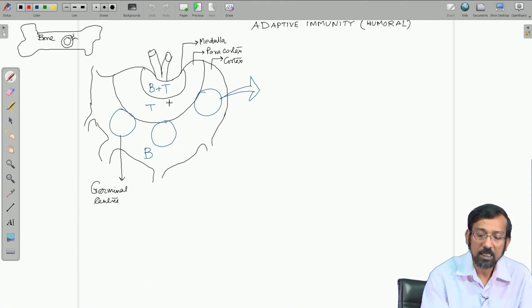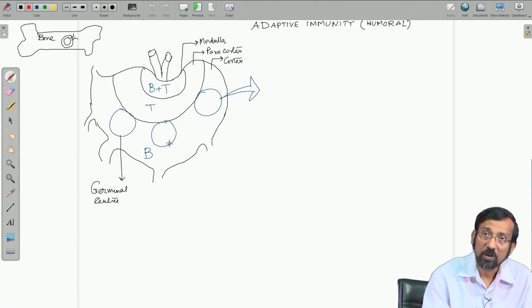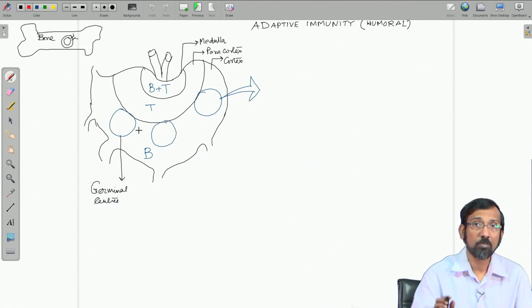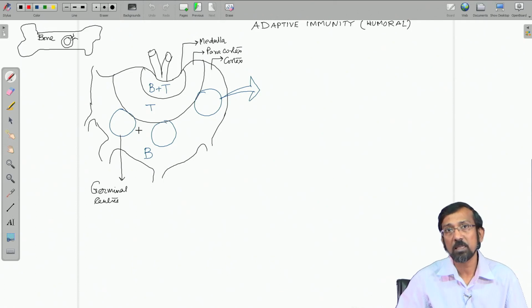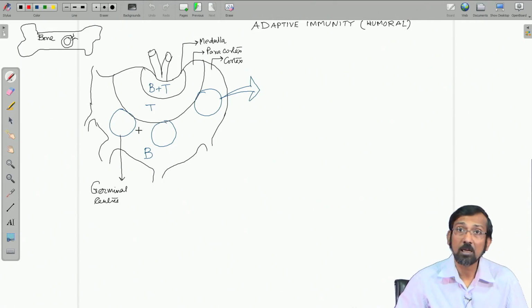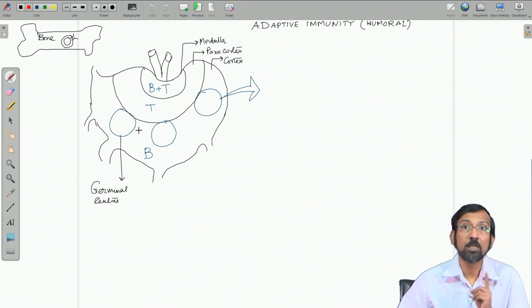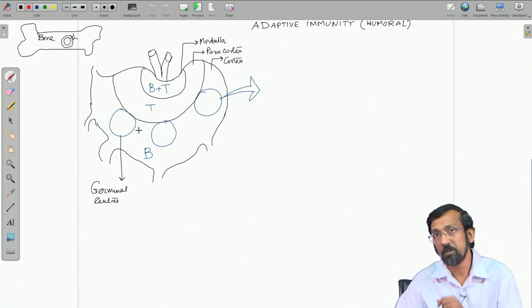We can find the T cells mostly in the paracortex and the B cells in the cortex region. The main feature of these B cells is that they are also antigen presenting cells. They can bind to antigen, and they can express MHC molecules on their surface, which is required for their activation.